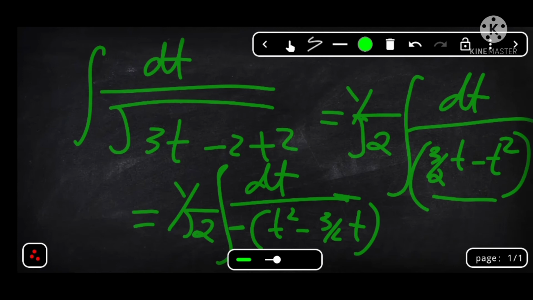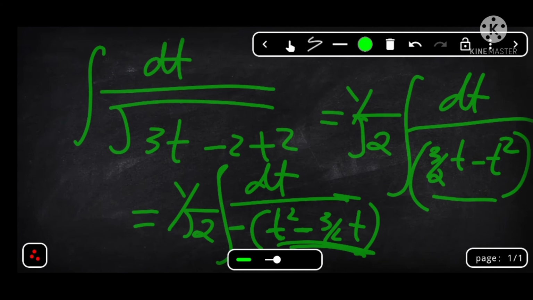Now why have I written like this? Because we are going to write this term like in the formula a plus b the whole square. So this is going to be t square minus, we just have 3 by 2 into t. Okay, so the square term, we need 3 by 2 the whole square, right?